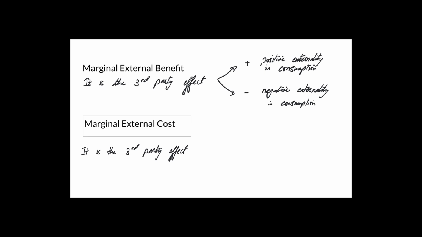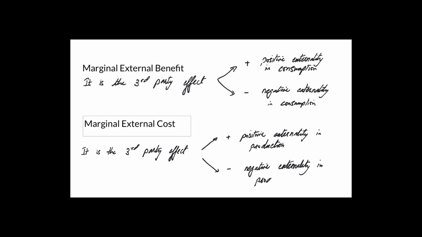Whenever you're doing production, it can also create a positive externality in production, and it can create a negative externality in production. So basically you have done plenty of this, the negative externality in production. This is about all that noise, smoke, pollution and congestion and stuff like that, traffic congestion.